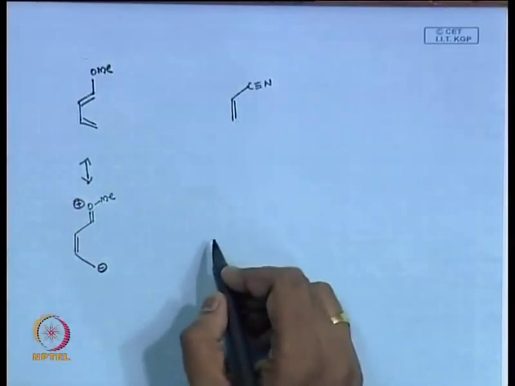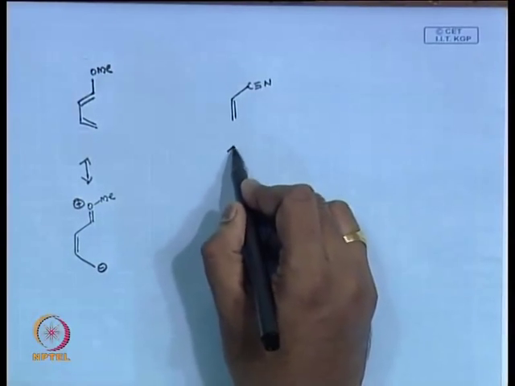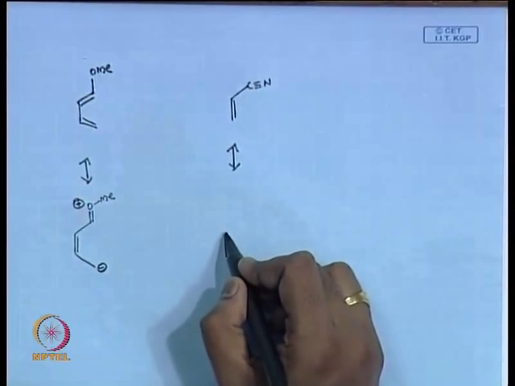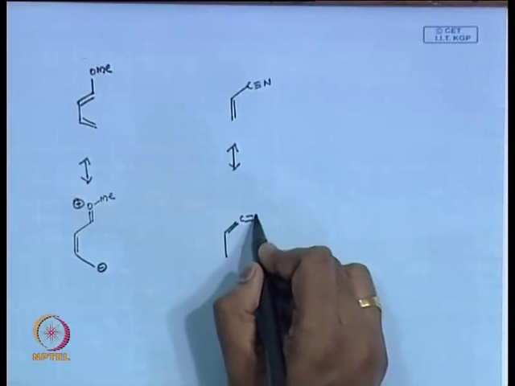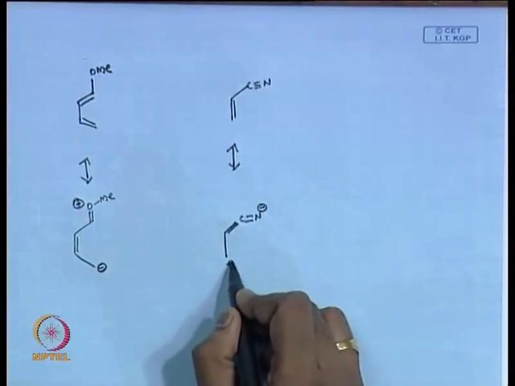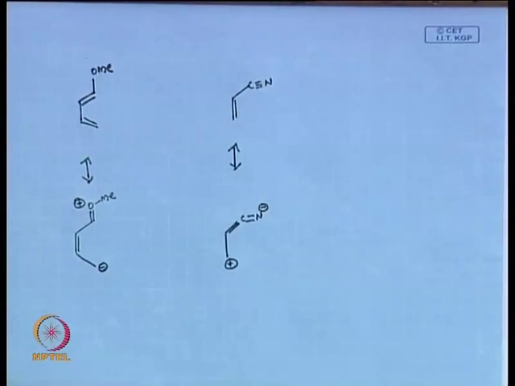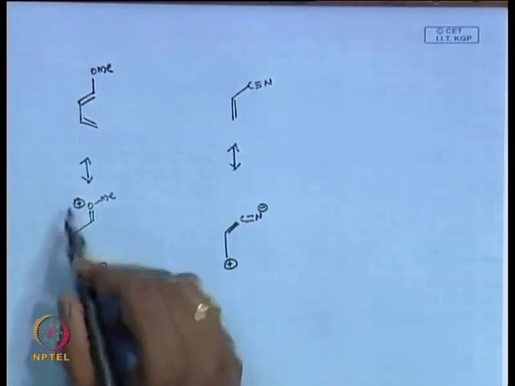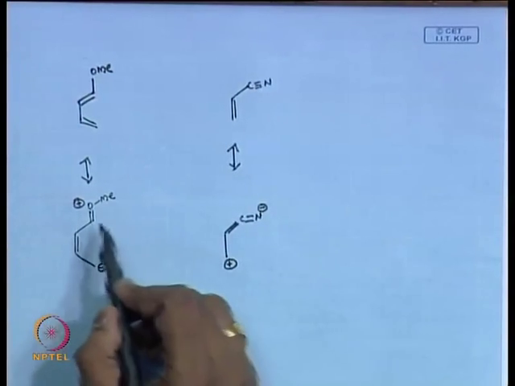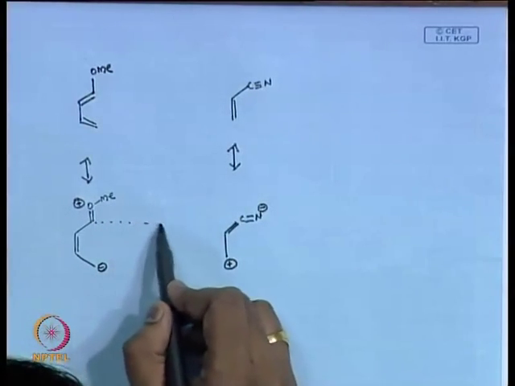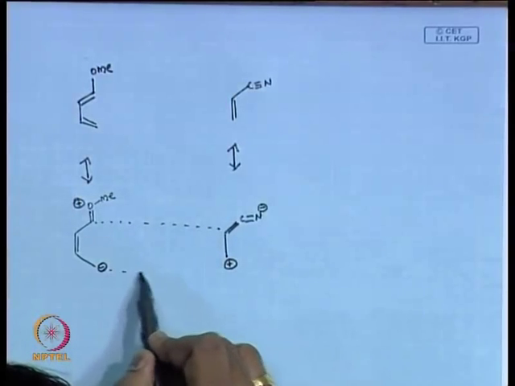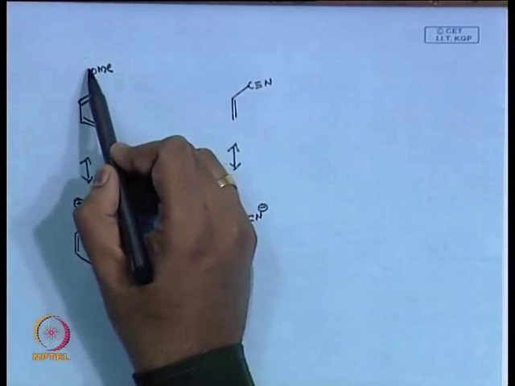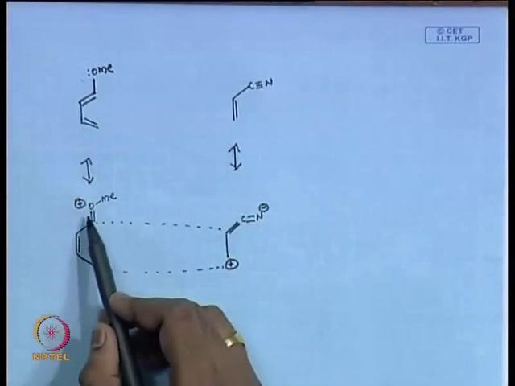You can end up like this structure. So, this should be your positive minus positive. Yeah. Now, you can have this nice interaction, right. So, you can just have your flow of electrons in the mesomeric structure.